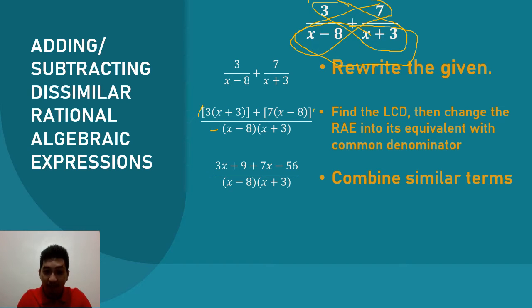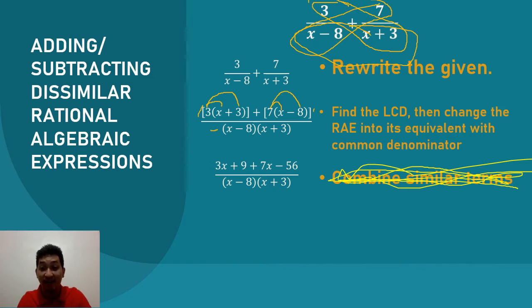You just simplify it by 3 times x, that's 3x. And then you have 3 times positive 3, that's 9. Plus, 7 times x is 7x. And then 7 times negative 8, that's negative 56. So you did not combine similar terms, but instead, you simplified.